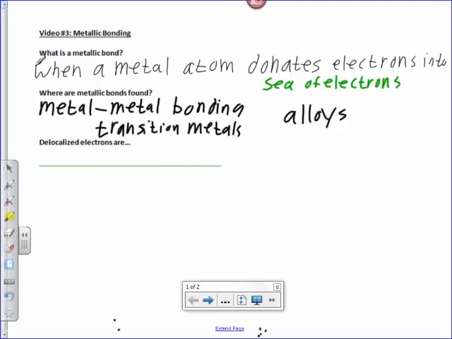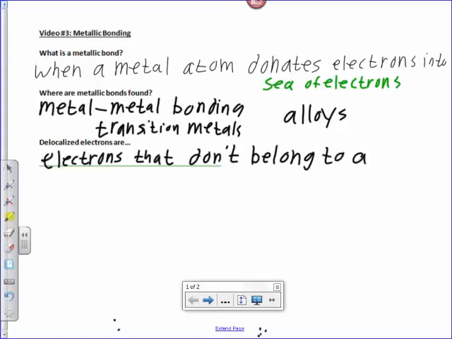So, delocalized electrons. Knowing how metallic bonds work all revolves around your knowledge of delocalized electrons. These are electrons that, when they're in the electron sea, don't belong to any one particular atom. What this means is that the electrons aren't localized to any one place, so they can move around.